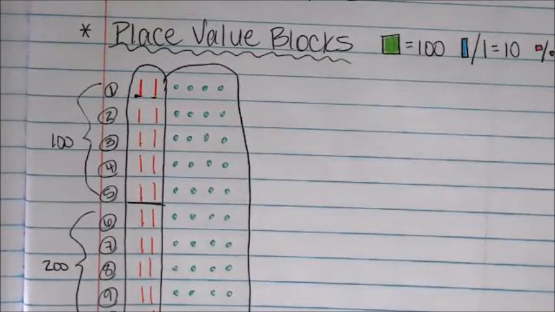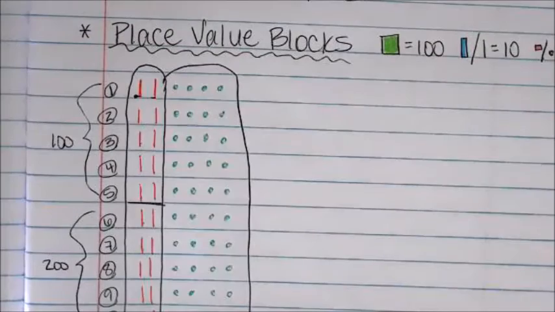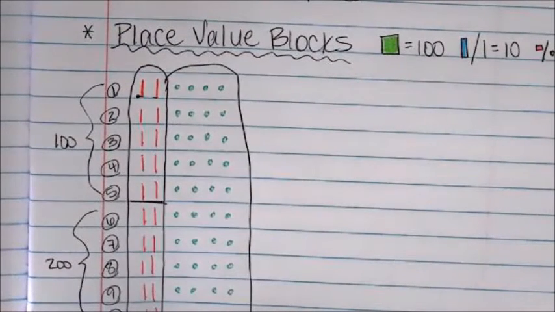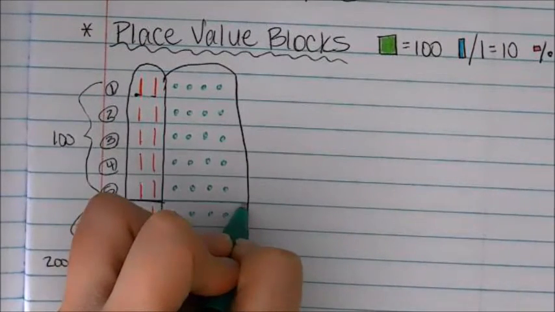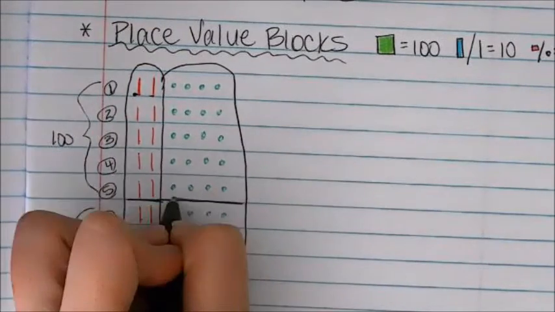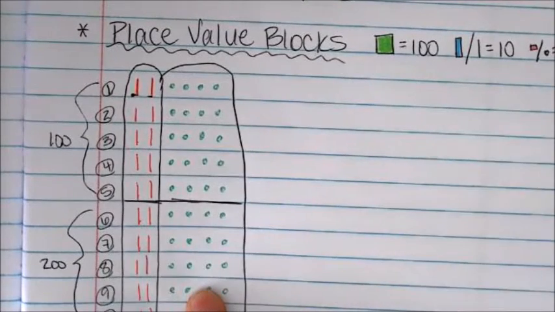I'm going to do 4 times, and I'm going to come all the way down to 10, because I know that 4 times 10 is going to be 40. Or I can break that up 2 ways. I can do 4 times 5, which is 20, and then another 4 times 5 would be another 20, but that would in total make 40.